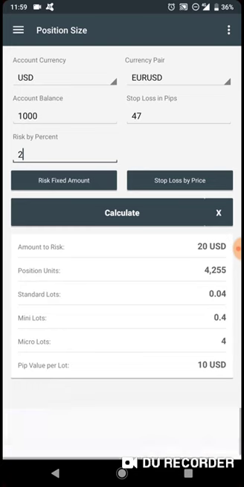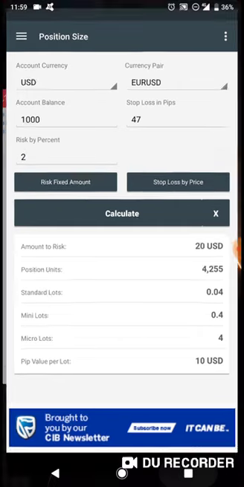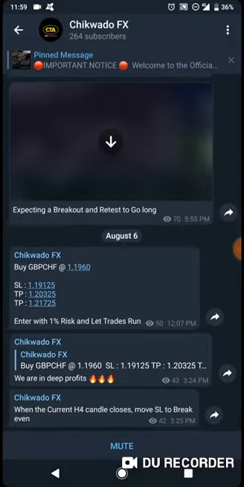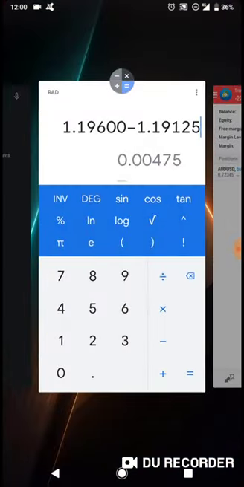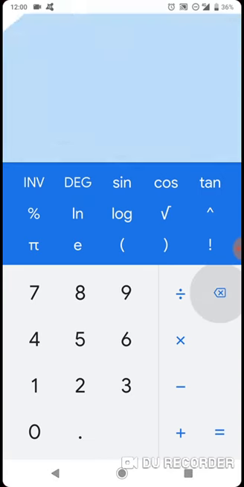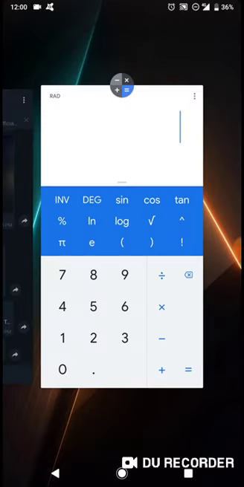So that means that for this particular trade, if I want to enter this trade, I will be risking just $20 out of $1,000, which is exactly 2%. To make how many pips? Let me see. If we calculate the distance between the entry price and the second take profit, second TP, let's calculate. 1.21725.